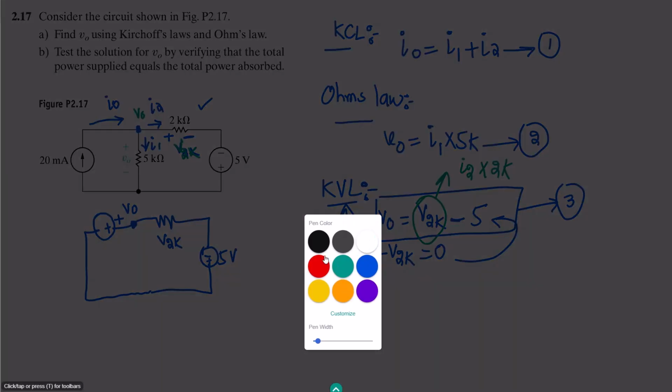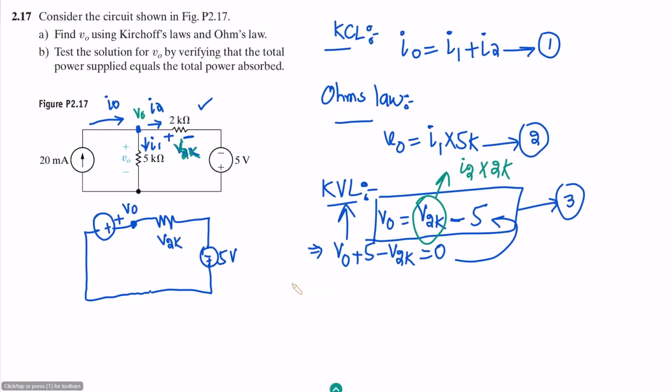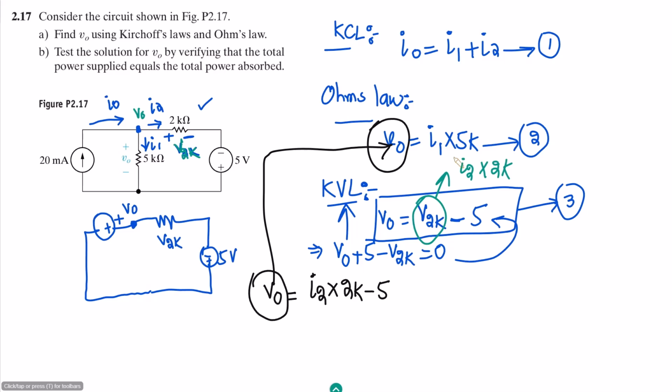So the value of V naught here is I2 multiplied by 2K minus 5. Similarly, the value of V naught, as we have seen, also has the value which is here. So comparing this equation, let me call it equation 4, and 2, what will we get? Comparing them both, because the left sides of both are equal, we will get this. This is 5K, so 5K means 5000.